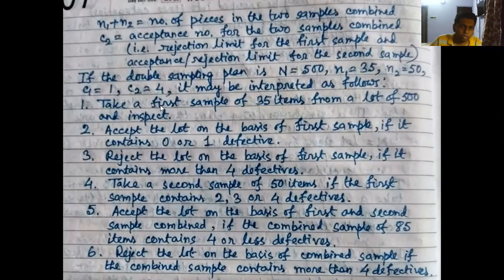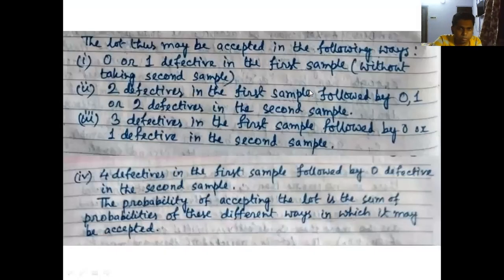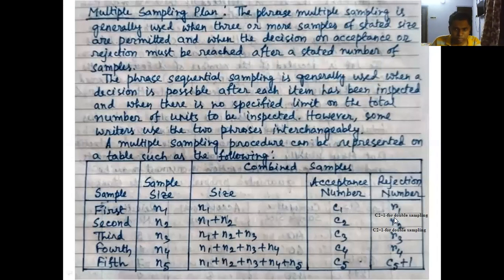After doing the second sampling, if you get 5 or 6 defective items, then you will reject the lot. So similarly here, this is actually C2 plus 1 for double sampling. If you get C2 plus 1 items, then in double sampling you will reject the lot. And if you get C2 or less than C2, then you will accept the lot.